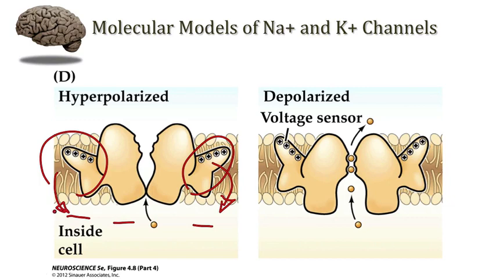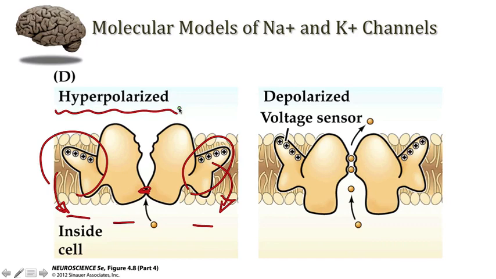The conformational change that happens as these subunits pivot allows for a closure of the pore loop regions, and potassium ions are not able to pass outward through this channel with hyperpolarization.